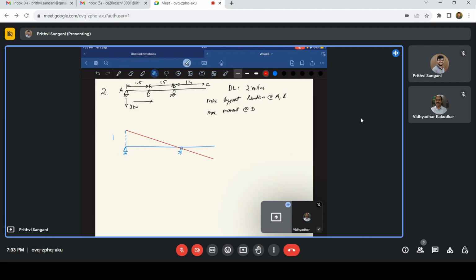This will be the deformed shape. Otherwise, you can verify the same thing using the basic principles, placing your unit load at A, B, D, and C. For the time being, I'm just taking it as one here.